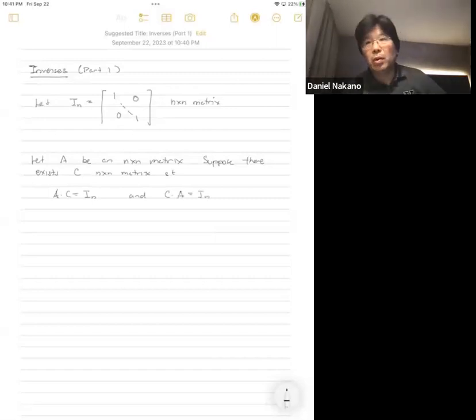So this doesn't always happen, but let's just assume that it does for now. All right, so let's say there's another matrix which actually does the same job.